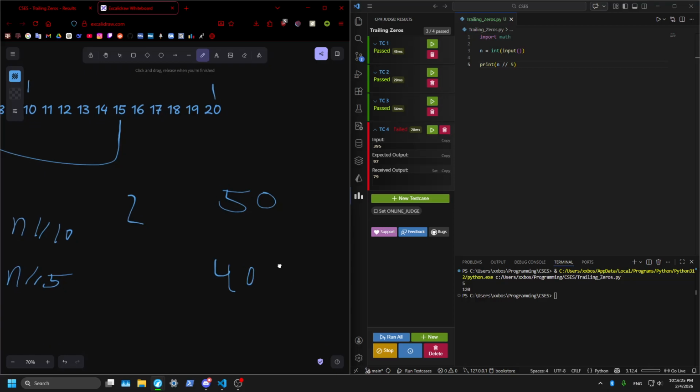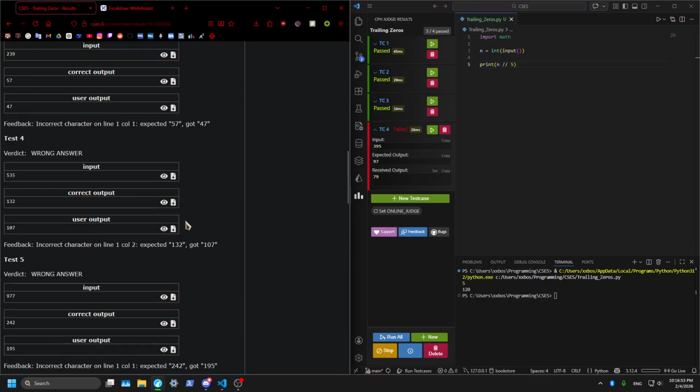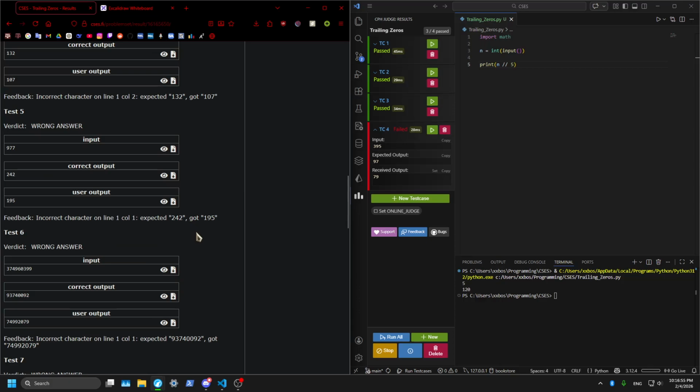Times 40. 50 times... Okay, 97... 95 times 94. Still only 1 zero. So where are these extra zeros coming from? At what point does it start diverging?